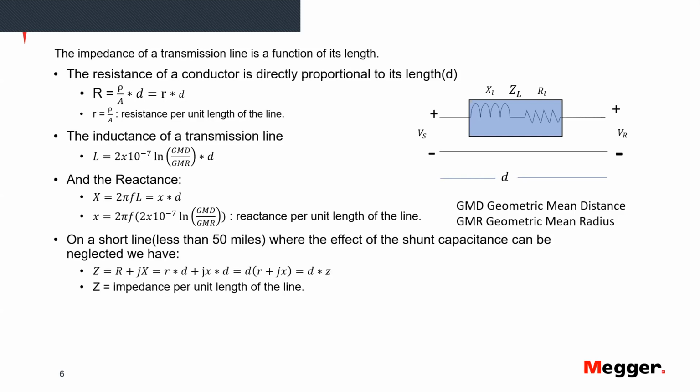And in the end, we come to an equation where we have the impedance equal to the length of the line times the per unit impedance of the line. So we have just proved that we can establish a direct link between the impedance of the line and its length. And this is very important because this is the basis for distance protection.